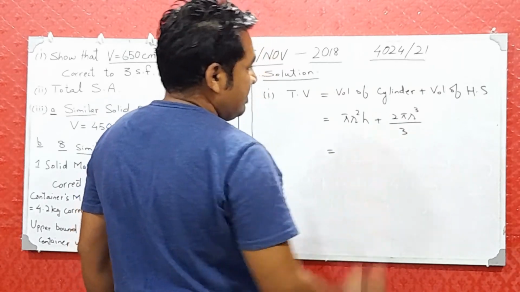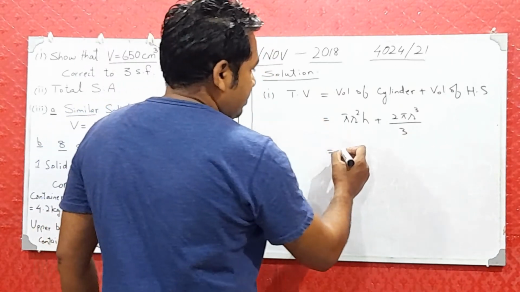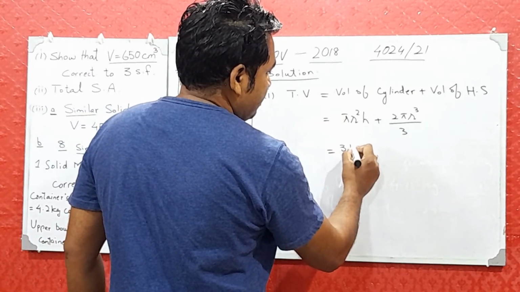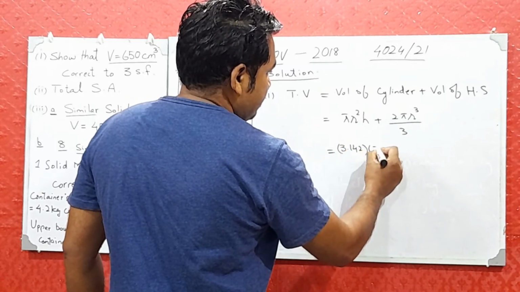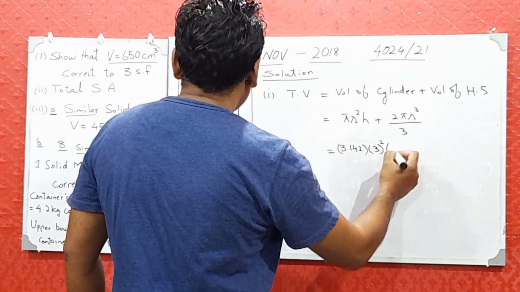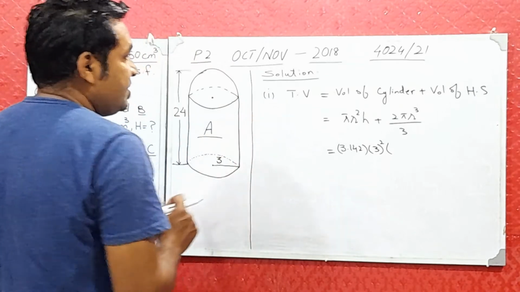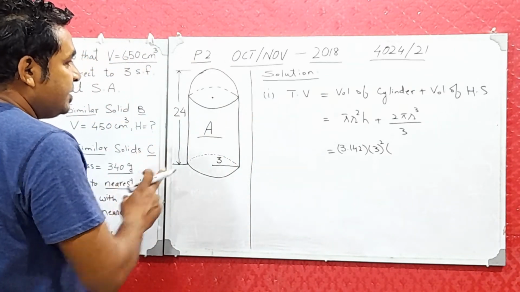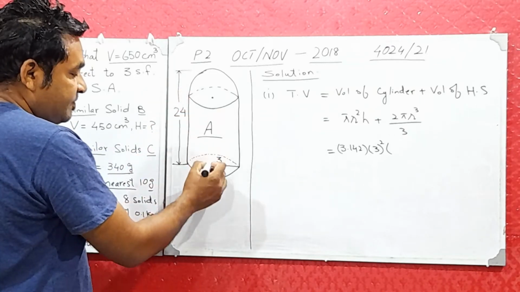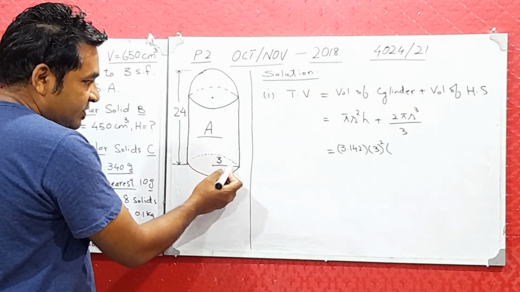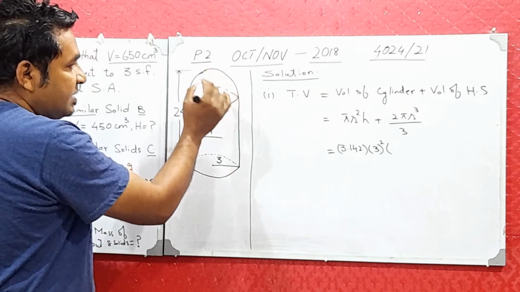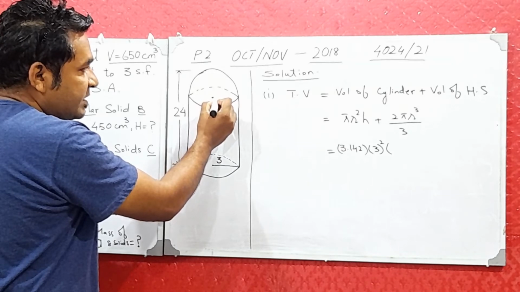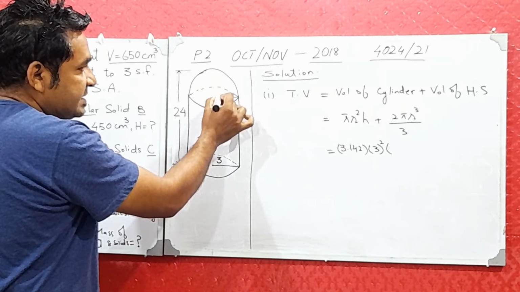Now just simplify by substituting all the values. The value of pi is 22 over 7 or 3.142. R is 3, so 3 squared. For h, look here, you have to put the height of the cylinder, not the total height. The radius is 3 centimeter and the hemisphere's radius is also 3 centimeter.